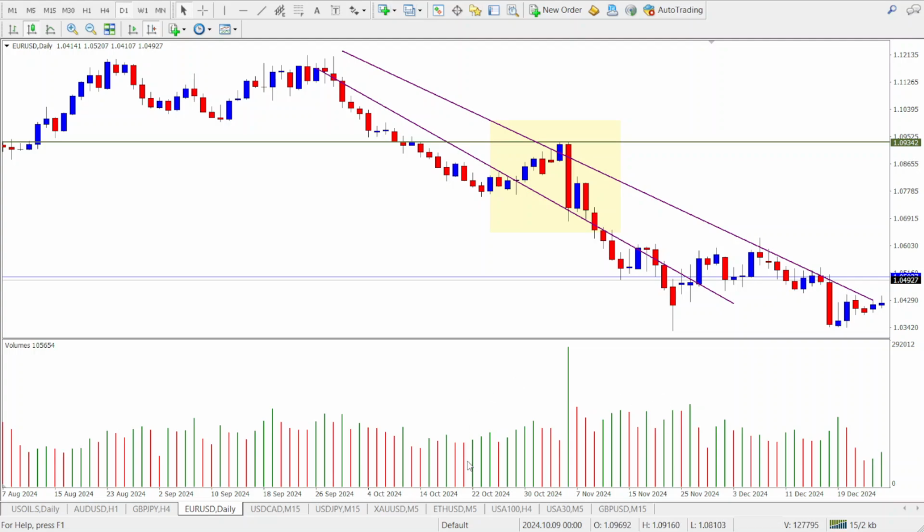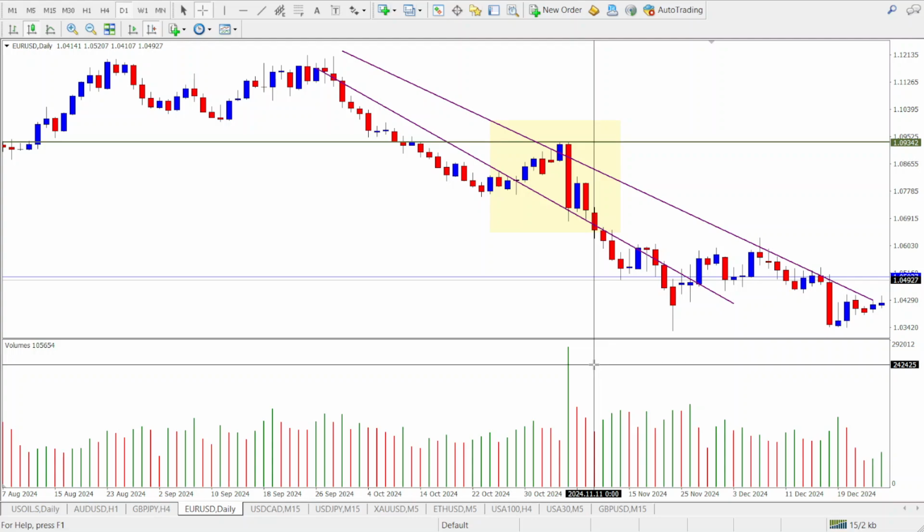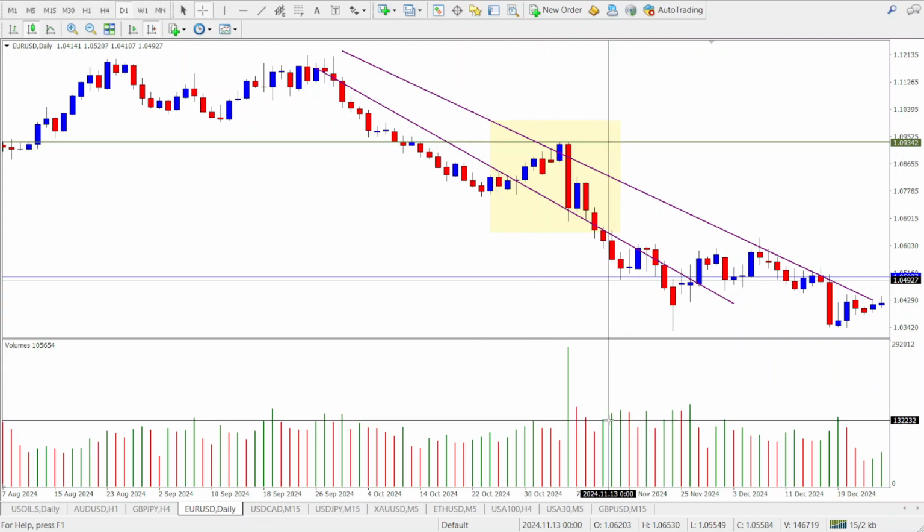Can you notice something within this place? You can see how this particular candle has quite a high volume compared with the other volumes. You can see a spike. So you want to consider volume. Candles that have higher volume are important, higher than the typical trading session.